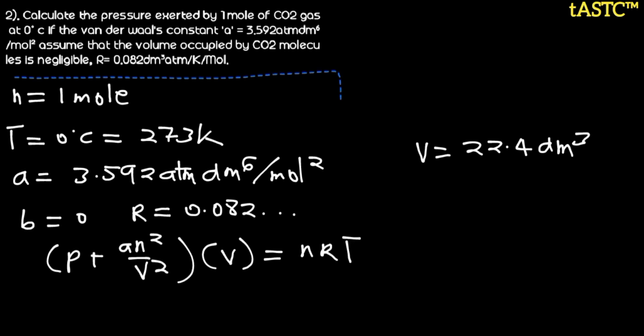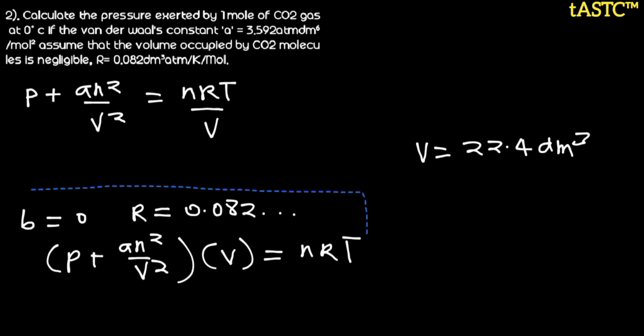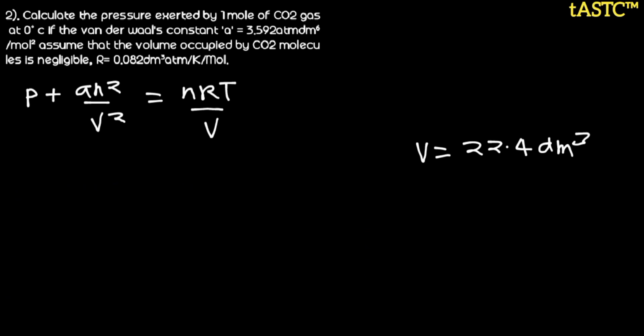Now I could well wipe these out and do that over here. So P plus an^2/V^2 is going to be equal to nRT divided by V. Next up, P is equal to nRT divided by V minus an^2 divided by V^2.